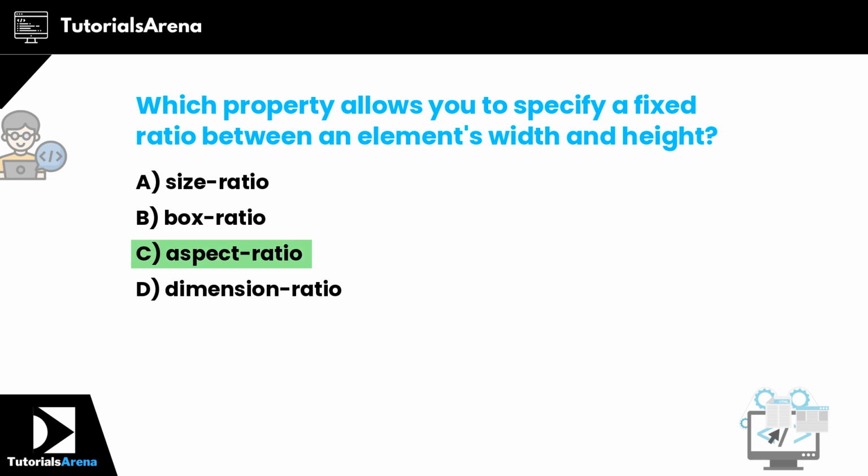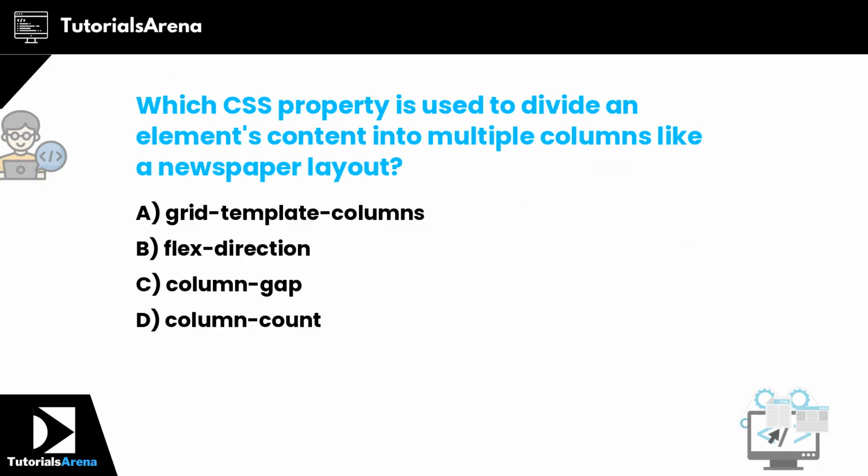The correct answer is option C, aspect-ratio. Which CSS property is used to divide an element's content into multiple columns like a newspaper layout? The correct answer is option D, column-count.